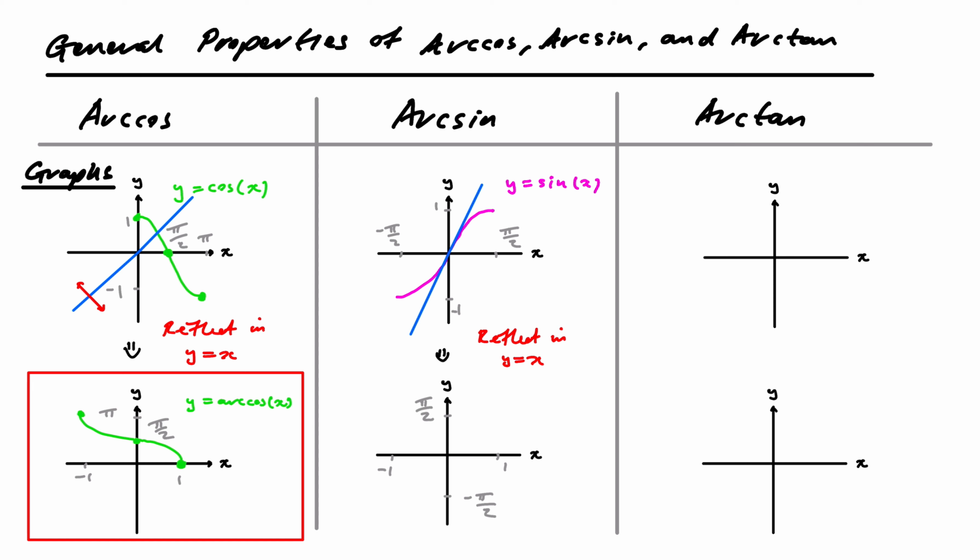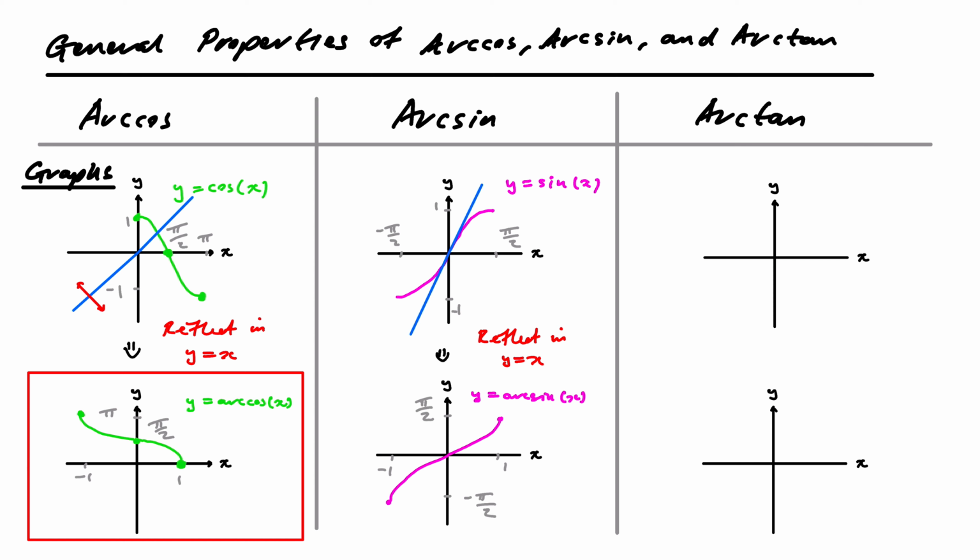And the shape is going to be the reflection. Not so difficult to imagine what this looks like. It's going to look like this. That's the basic shape, for exactly the same reasons. So it's very similar looking. It turns up to become vertical towards the ends, but that's the basic procedure. So this is y is equal to the arc sine of x.